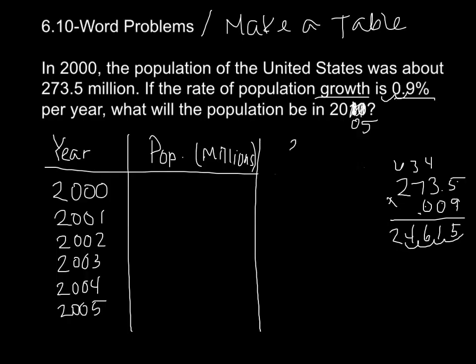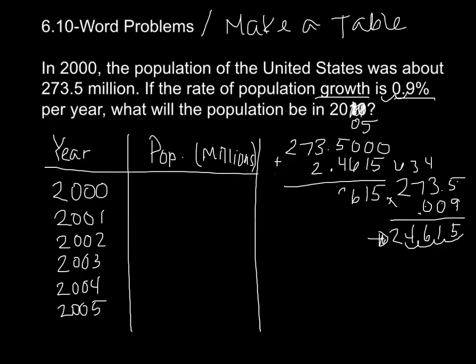So I have to take my 273 and 5/10, add our increase, 2.4615, and I would get about 275.9615 million.